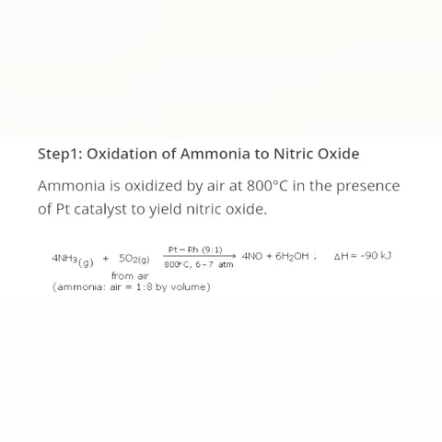The first step is oxidation of ammonia to nitric oxide. Ammonia is oxidized by air at 800 degrees Celsius in presence of platinum catalyst to give nitric oxide. You can see the reaction here.